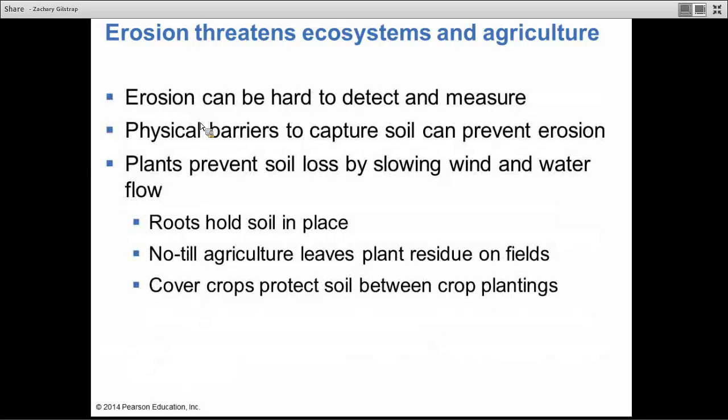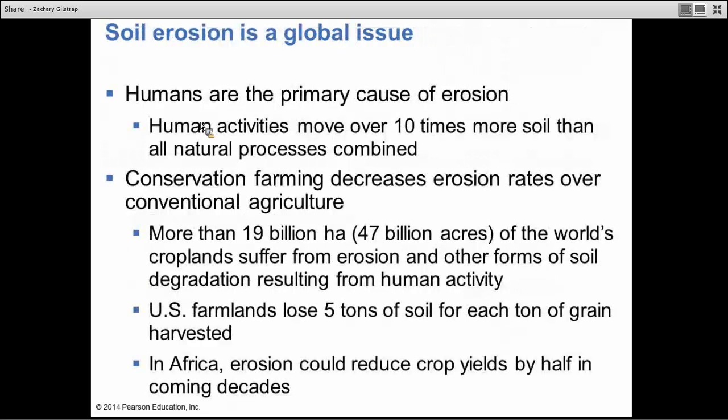So to minimize erosion, we can erect physical barriers to capture soil, but we also have other methods too. Planting plants prevents soil loss also by slowing wind and water. So the roots hold the soil in place. No-till agriculture leaves plant residue on fields, or cover crops, or plants you plant when you're not cultivating a cash crop. These crops' whole use is just to hold the soil and prevent erosion.